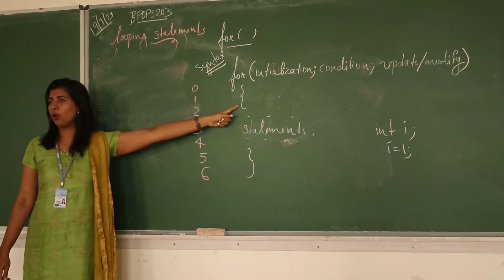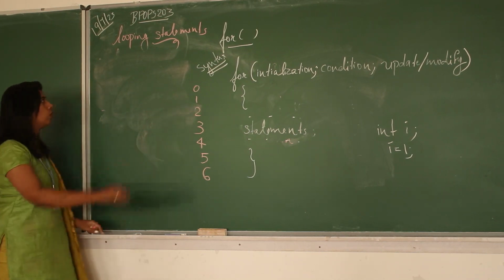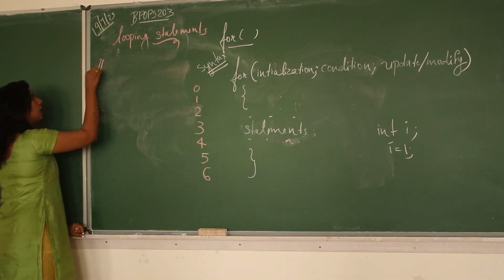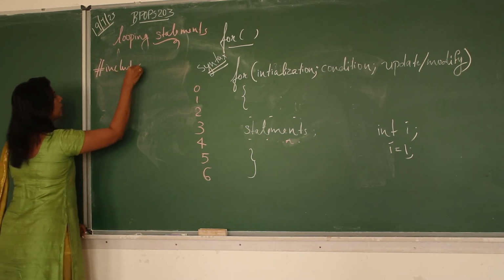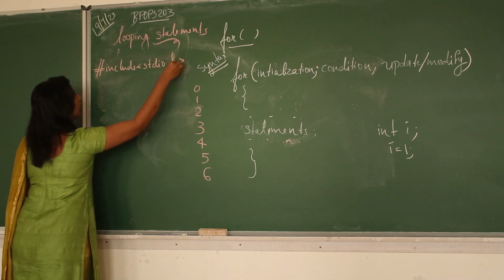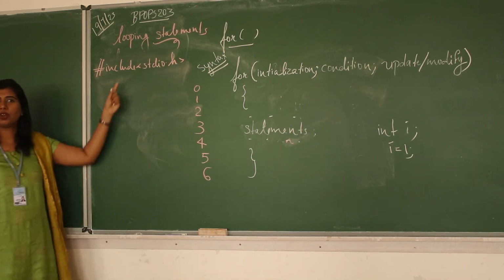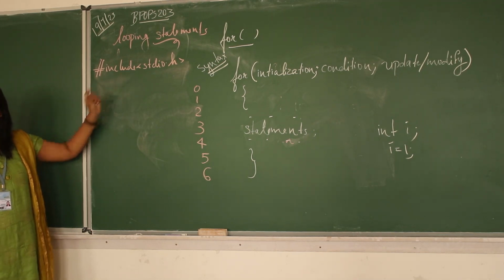We learned the for loop, so now we can write a program with a for loop. First, how will you start the program? Hash include stdio.h. You are including the header file. Why are you including the header file? Because you are using certain inbuilt functions such as scanf and printf.